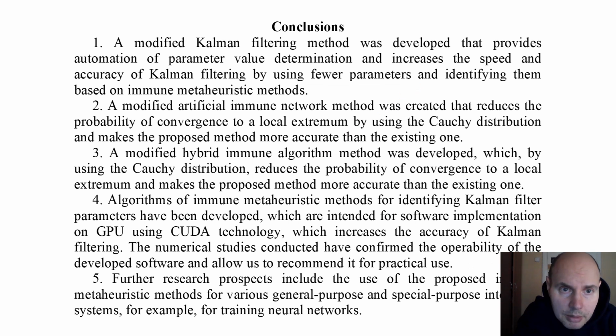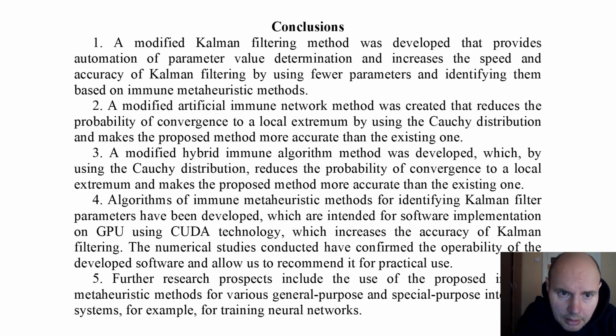Conclusions. A modified Kalman filtering method was developed that provides automation of parameter value determination and increases the speed and accuracy of Kalman filtering by using fewer parameters and identifying them based on immune meta-heuristic methods.